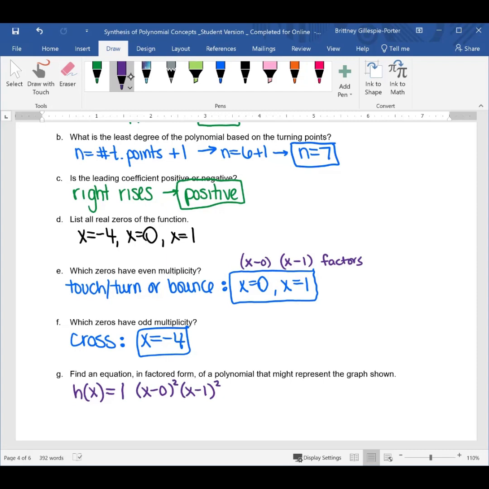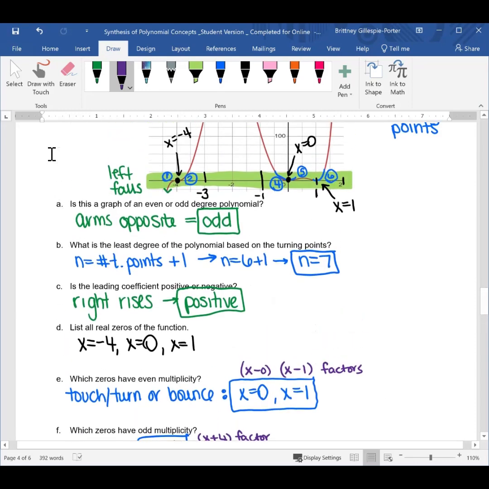For x equal to -4, we know his factor is x plus 4. And we're going to use that in part G. We know that he has an odd multiplicity, which means that his exponent is going to be 1 or 3. We need to figure out which one it is.